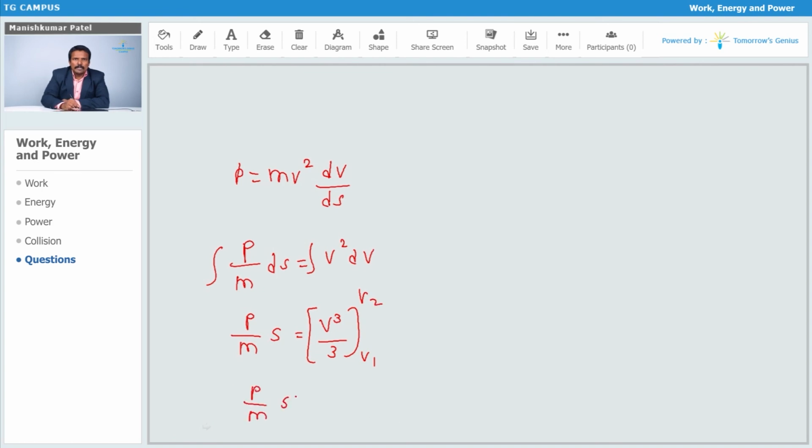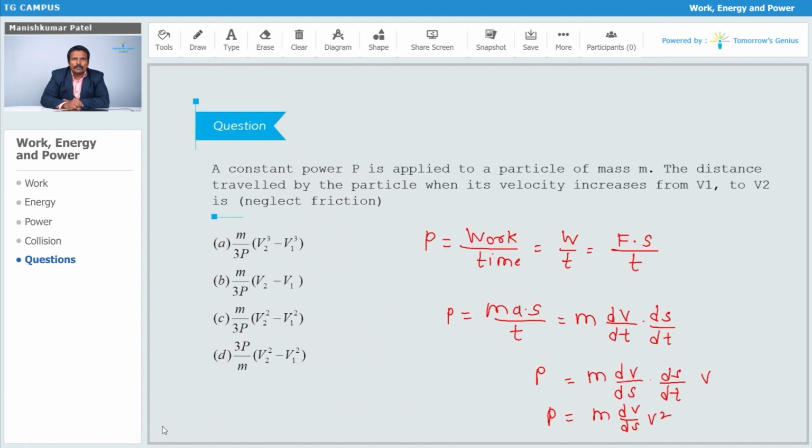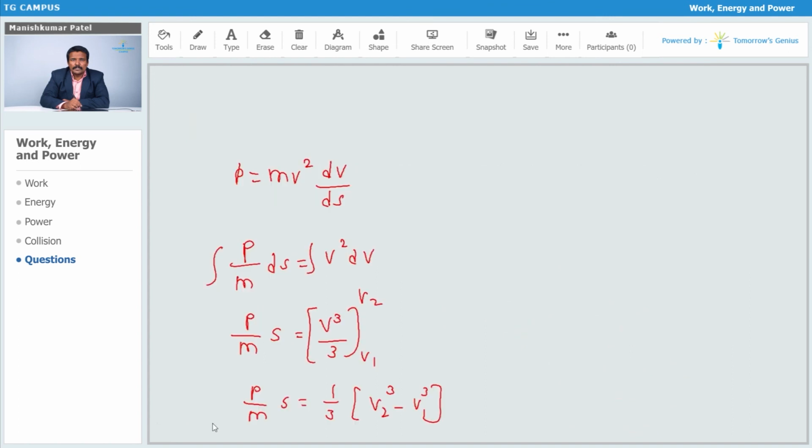So P by m s equals 1 by 3 into v2 cube minus v1 cube. Now what we had to find over here is the distance traveled.